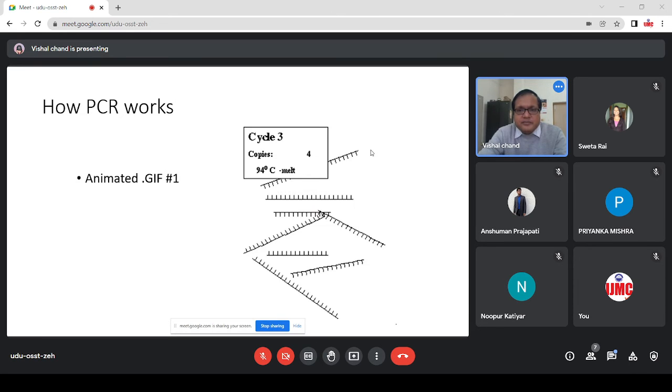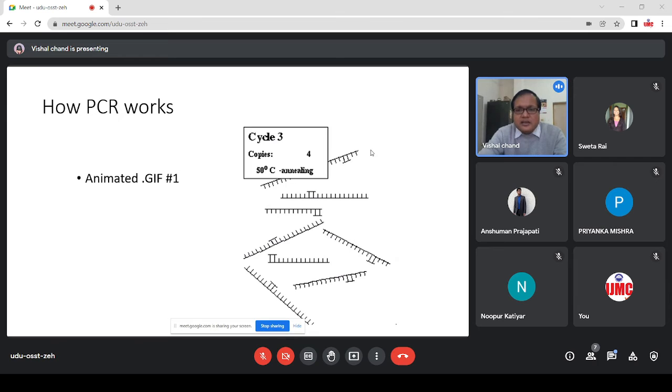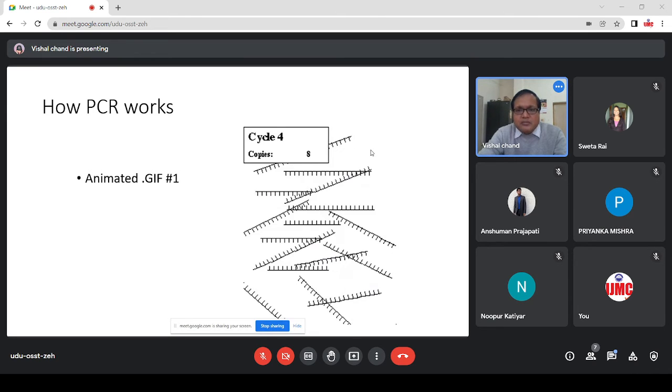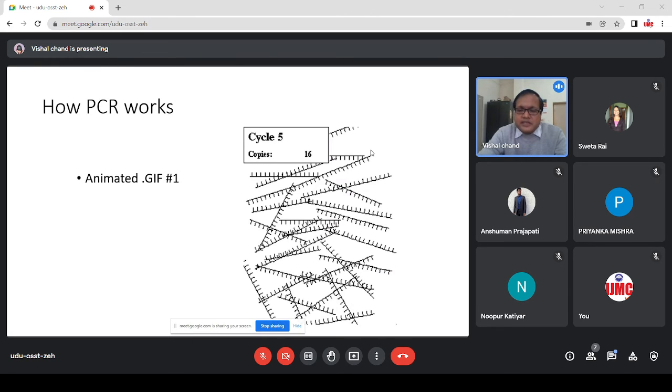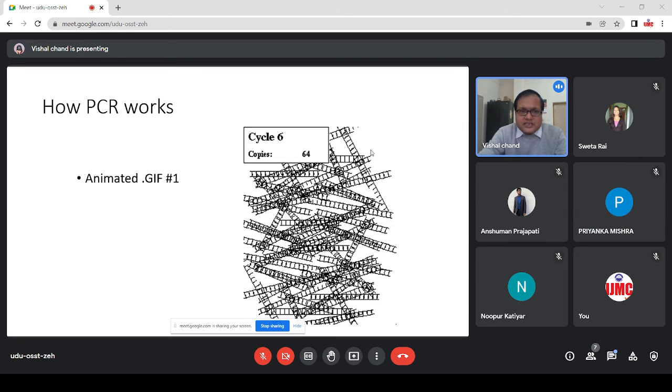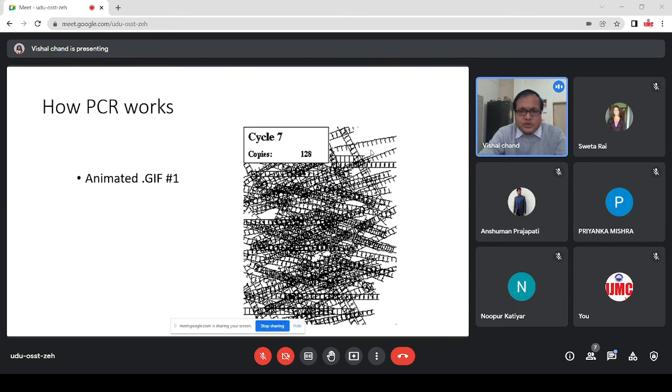Third cycle, melting, annealing, polymerization. Fourth cycle, melting, annealing, polymerization. So in this way, the overall process of the PCR reaction goes on.